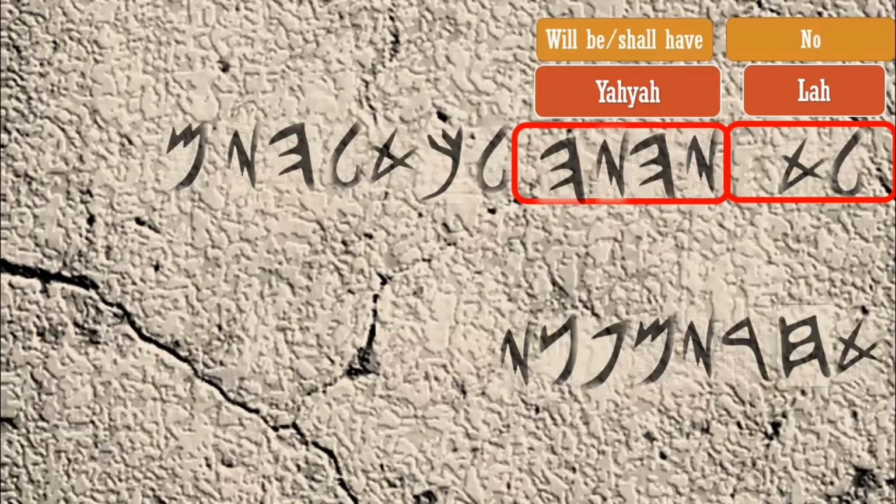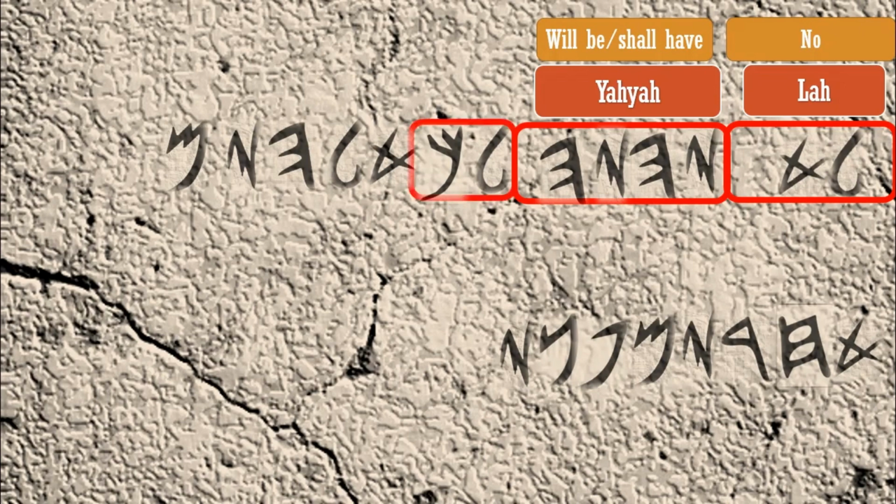So this word represents a phrase, which may mean will be or shall have. So far we see in English, no will be or no shall have. And again, the Abryth would be YaHUaH.